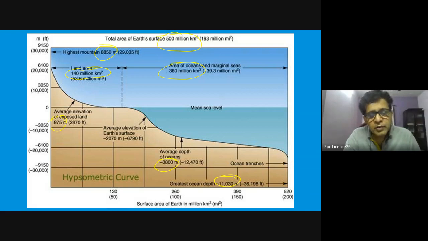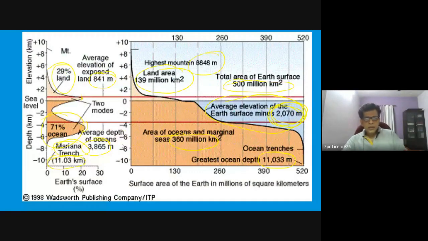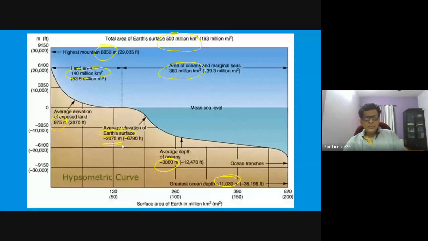The average elevation of the whole of the Earth's surface is minus 2,070 meters as such. Okay, so a very simplified version of all that we had done in the earlier diagram. The same one represented here. A revision of that has been taken up.